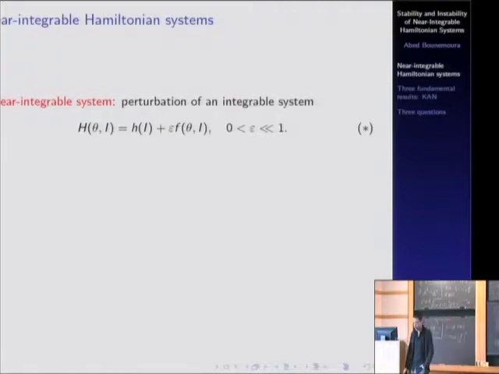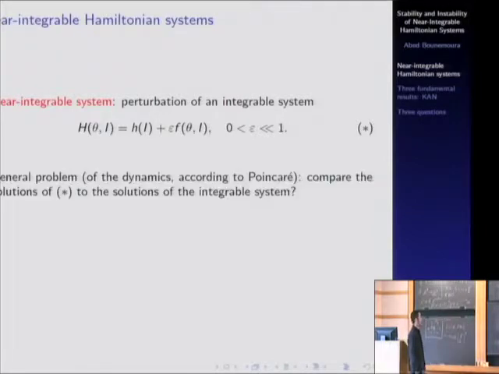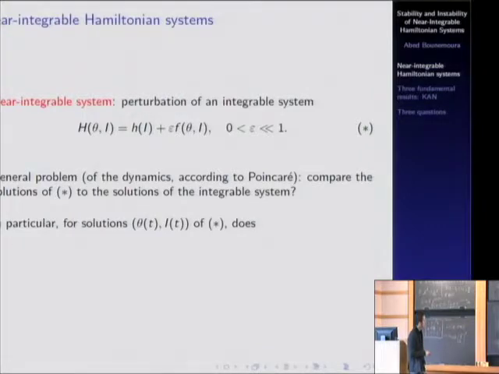And now the general problem of dynamics according to Poincaré is to compare the solutions of the Hamiltonian system associated to such functions to the ones of the integrable systems.